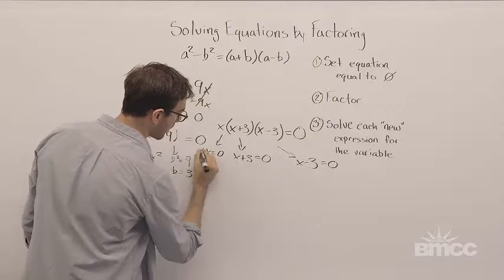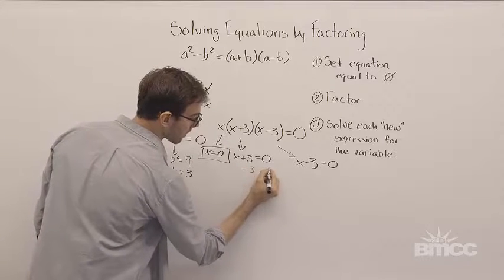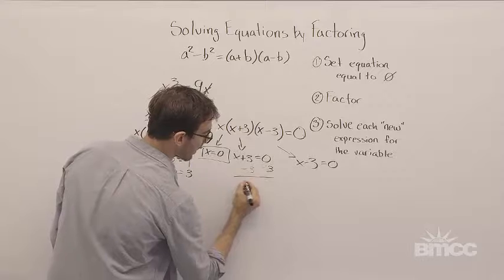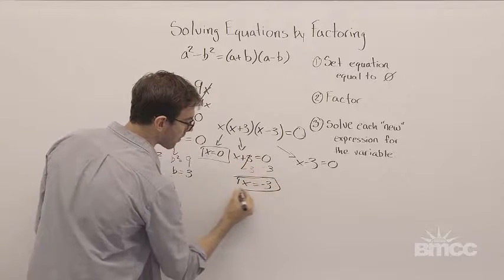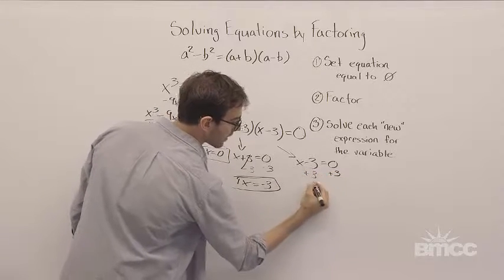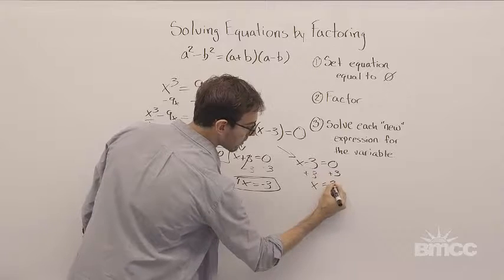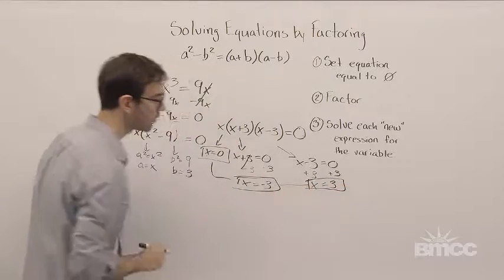So we see that x equals 0 is solved for us. Subtract 3 from both sides, and we find that x could also be equal to negative 3. Or we can add 3 to both sides and see that x could be equal to positive 3. Any of these solutions could work.